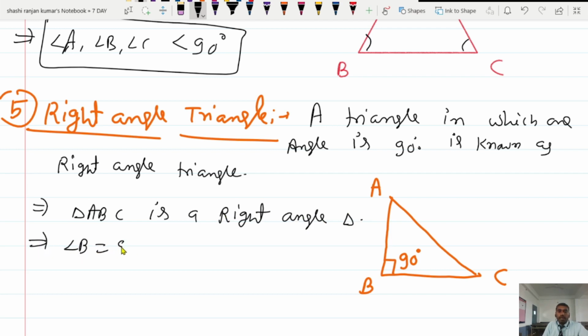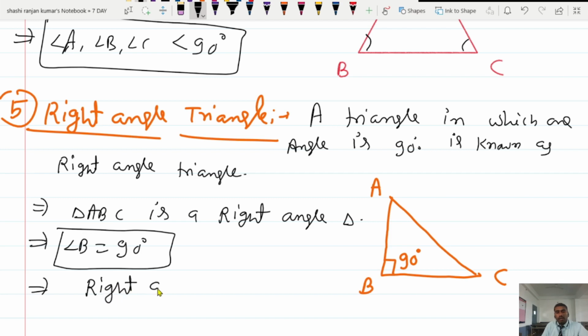Here we have taken angle B equal to 90 degrees. It means it is right angle at point B.